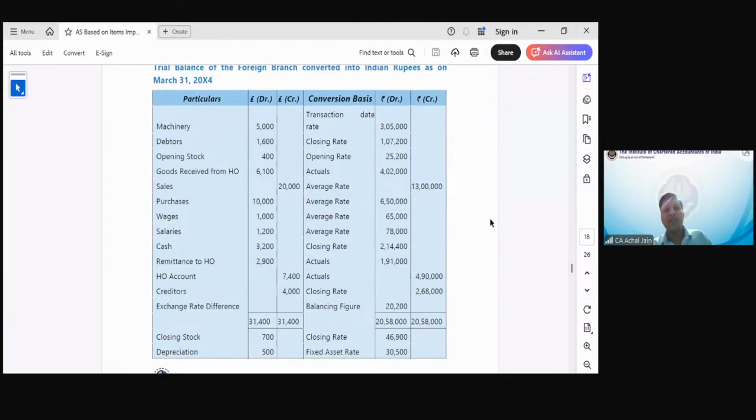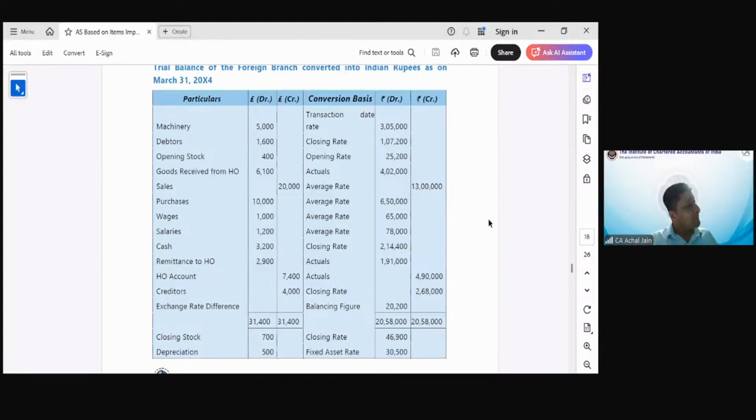Then some additional information is also available in respect of closing stock and depreciation, so we'll have to explain how you convert that.